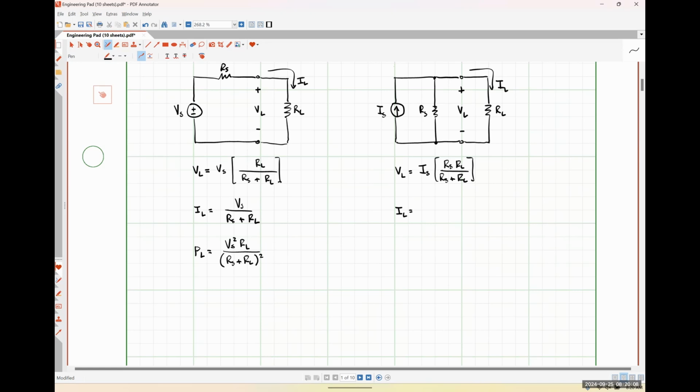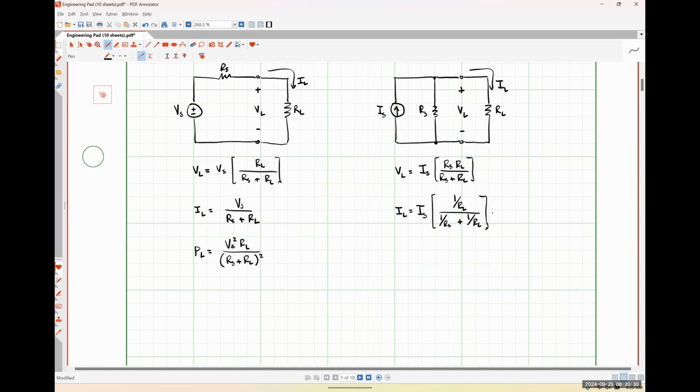I could find IL by applying current division. So that would look like IS times 1 over RL divided by 1 over RS plus 1 over RL.